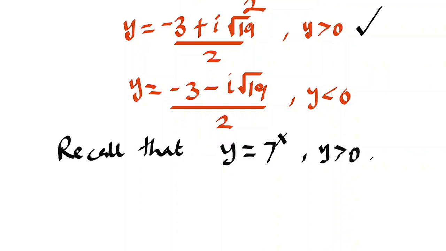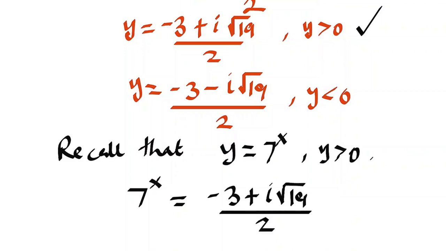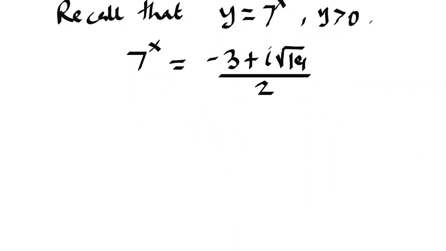So we're going to have 7 to the power of x, which is what we have. Our y here is positive, greater than 0, so it is minus 3 plus i root 19 divided by 2. So we introduce logarithm to both sides of the equation.